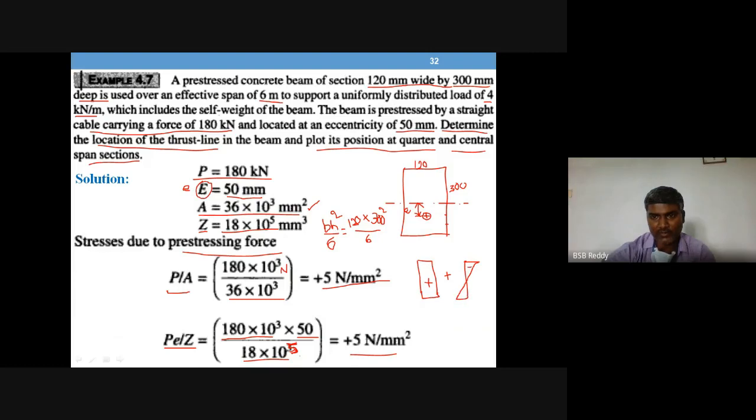So minus here, plus here, because it is going to have a hogging moment like this. So top tension, bottom compression, because you are pre-stressing the beam at the bottom, below the CG line of the concrete. Hence, the pulling effect at the bottom will bend the beam like this in hogging position. So that is what this is.